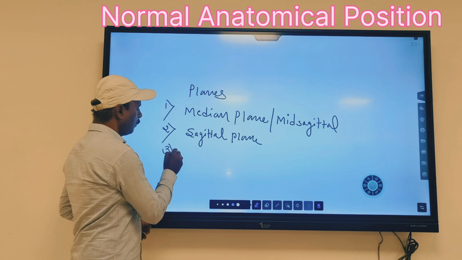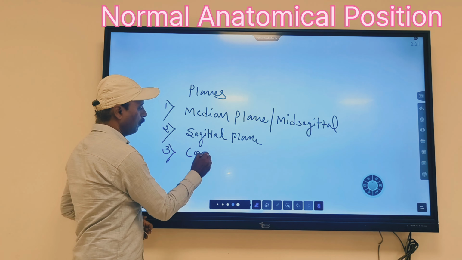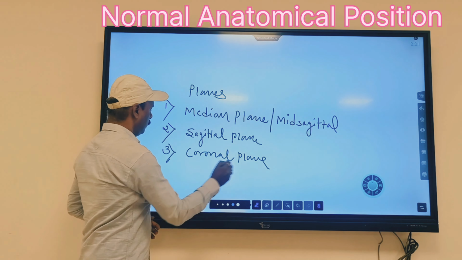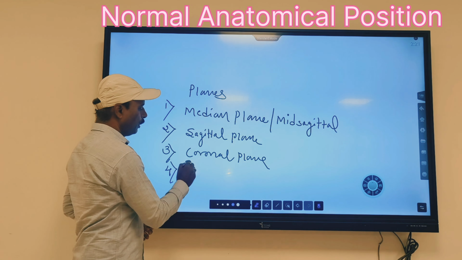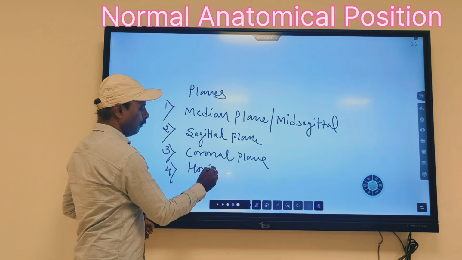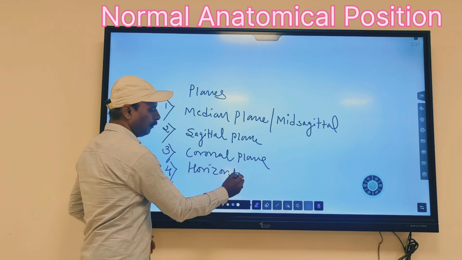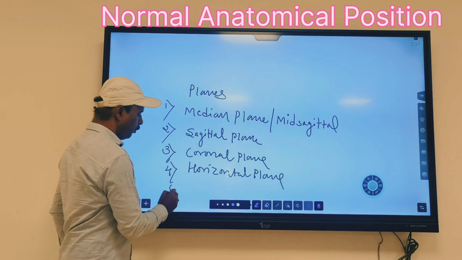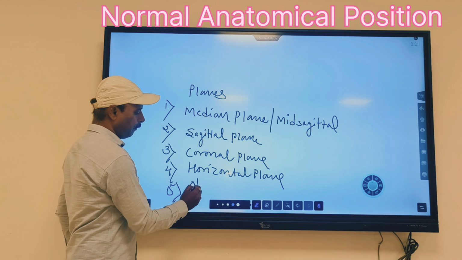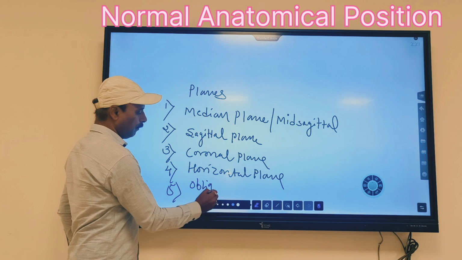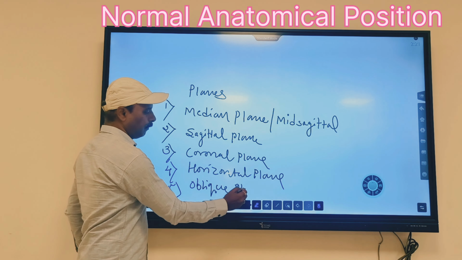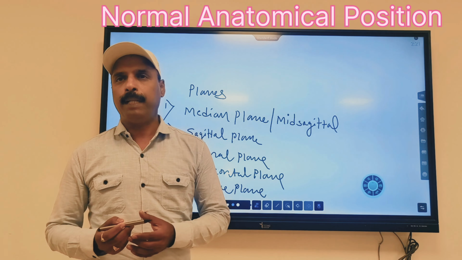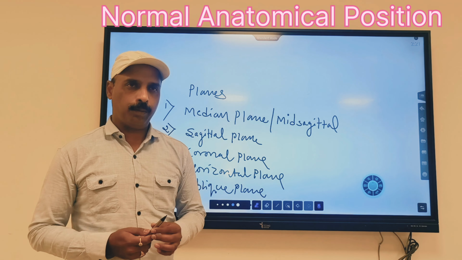The third one is the coronal plane. The fourth is the horizontal plane. The fifth is the oblique plane. So these are the anatomical planes we are going to get.